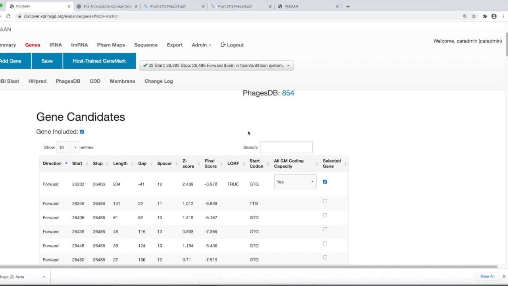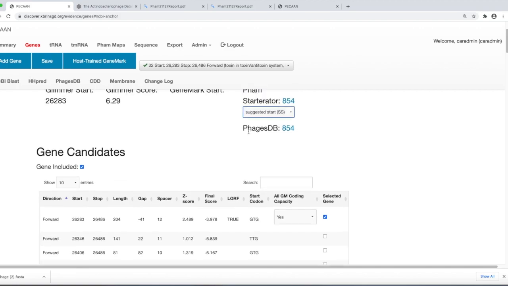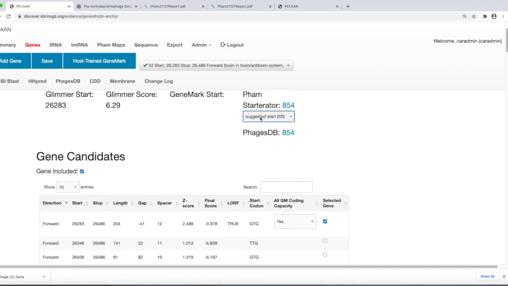If we scroll up here and take a look at the Starterator, the suggested start is supported by Starterator. So that's what it means: this start site is supported by Starterator. Whenever you complete your Starterator, you should select one of these three.